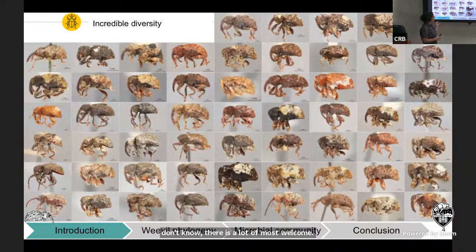On the screen right now is a single genus, and those are all different species, different morphs of the same genus. So we were working on that project, and I started getting really excited about just how much there was to explore in Molotini, or in weevils, and in particular in the subfamily Molotini, where there's a lot that we don't know about who's related to who in that subfamily.